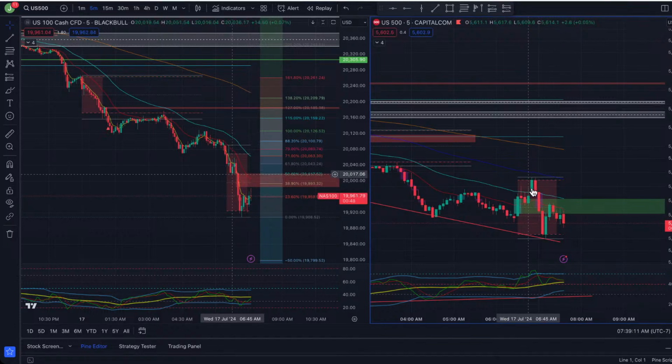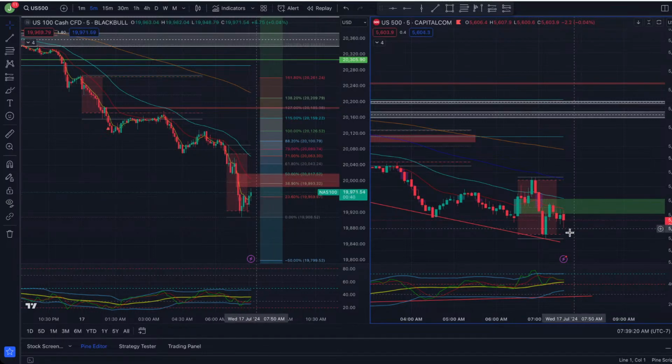If you're looking for a sell, you want to sell the weaker pair. If you're looking for a buy, you want to buy the stronger pair. But on days like this, I'd rather wait for a confirmation than a retracement, and then that rejection to let us know.